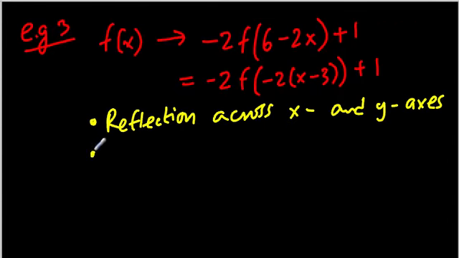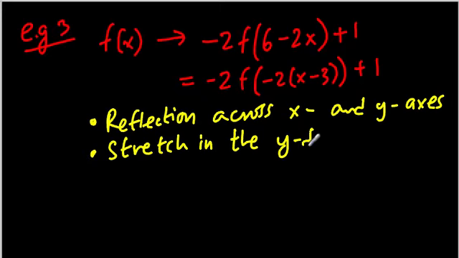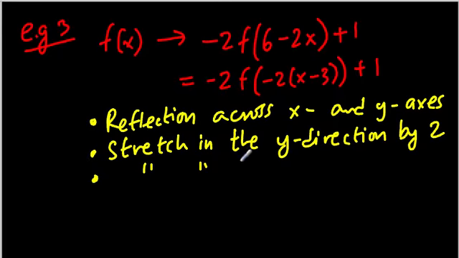Then there's a stretch in the y direction by a factor of 2. I'm just going to write by 2 because I'm running out of space here. And then again, there's a stretch in the x direction by a factor of 1/2, because remember, we take the reciprocal of that.